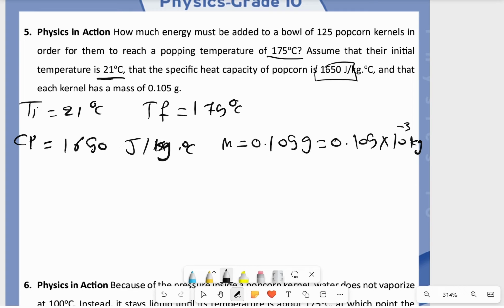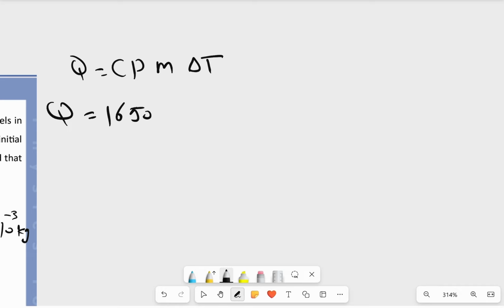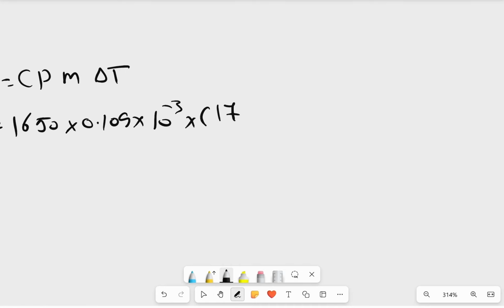Now, it needs how much energy? So we need to find Q. Q is equal to Cp times mass times delta T. Then Q is equal to Cp of the popcorn, 1650, times the mass of the popcorn, 0.105 times 10 to the power of minus 3, times delta T, which is final minus initial: 175 minus 21.